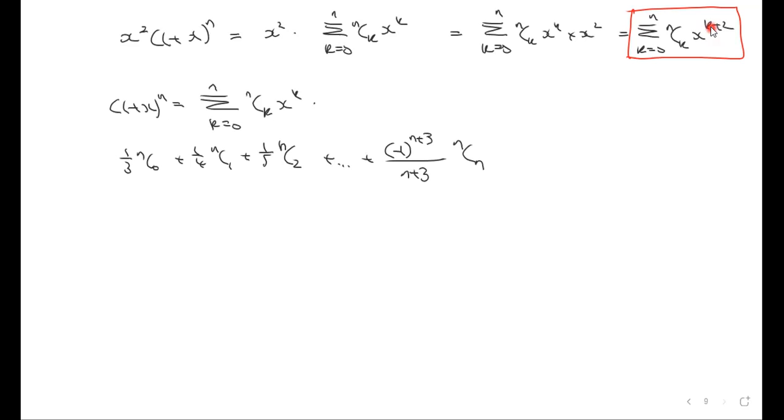So if it helps, we can write this out in a more expanded form. Our expression here is saying that we've got nC0 x squared plus nC1 x cubed plus nC2 x to the power of 4 plus and so on, plus nCn x to the n plus 2.